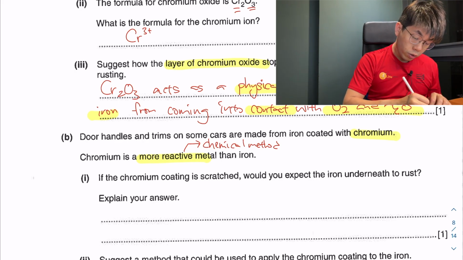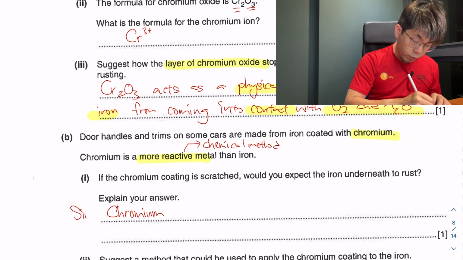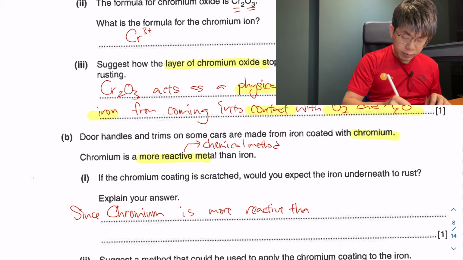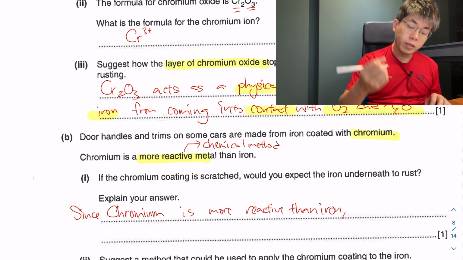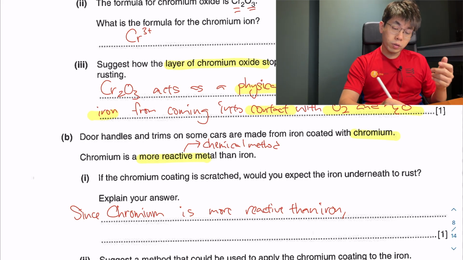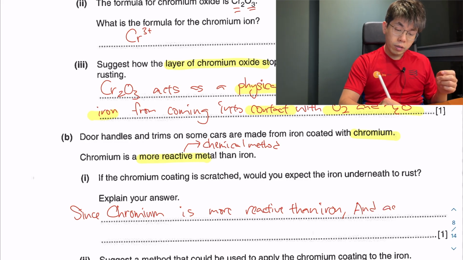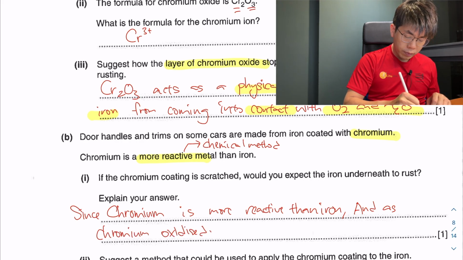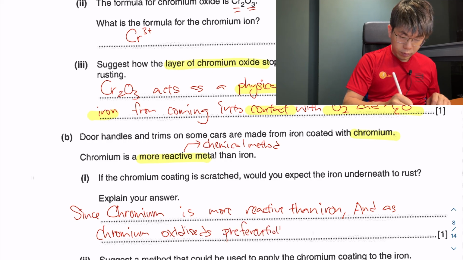Why? Since chromium is more reactive than iron, chromium oxidizes preferentially over iron.